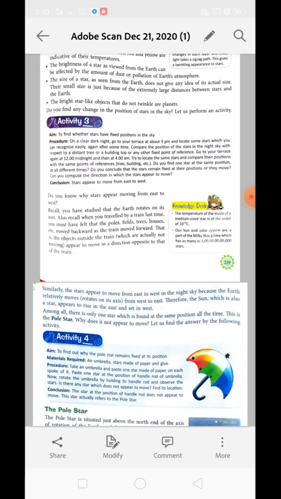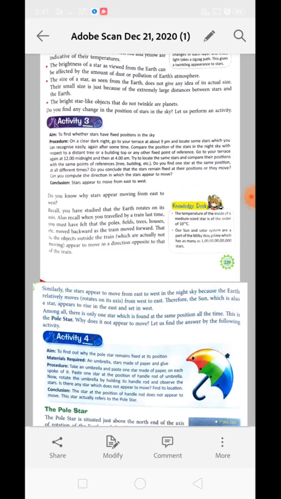When you are sitting in a train, the train is moving forward, so what you see from the window is that poles are moving in the backward direction. Whenever we are sitting somewhere and moving in the right direction, every object appears to be moving in the left direction, right?